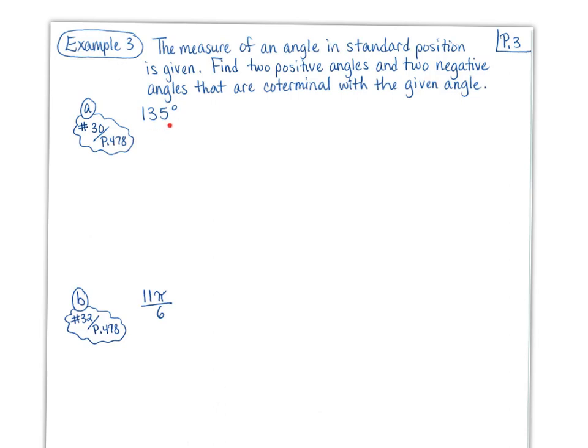So you're given 135 degrees in standard position. For the positive angles, we'll take 135. We can add what to it? 360. Good. Adding that, we get 495 degrees. That's one coterminal angle.